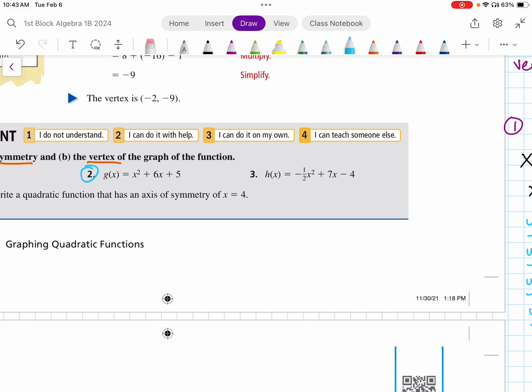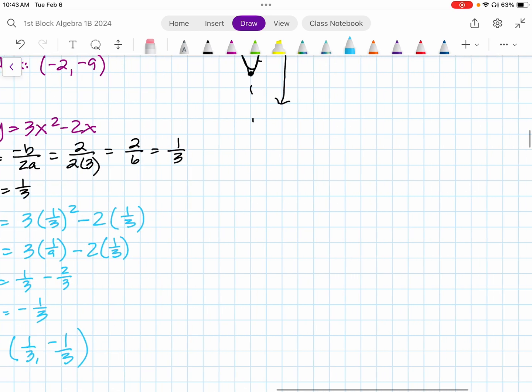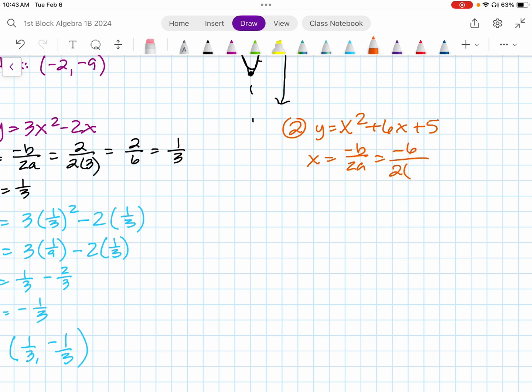For number 2, x squared plus 6x plus 5. We do x equals negative b over 2a, negative 6 over 2 times a. There's no number in front of our x squared, which means it's 1. Negative 6 divided by 2, negative 3. Now we take that negative 3 and plug it back into our equation.